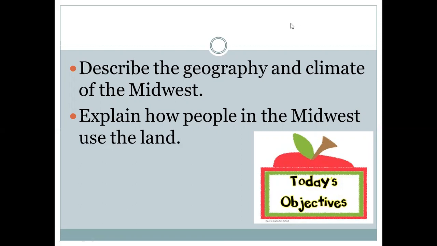When you say geography, it means the physical features like mountains, valleys, rivers, and seas. And number 2, explain how people in the Midwest use the land. Basically, we're going to find out how people in the Midwest use the land resources for a living.